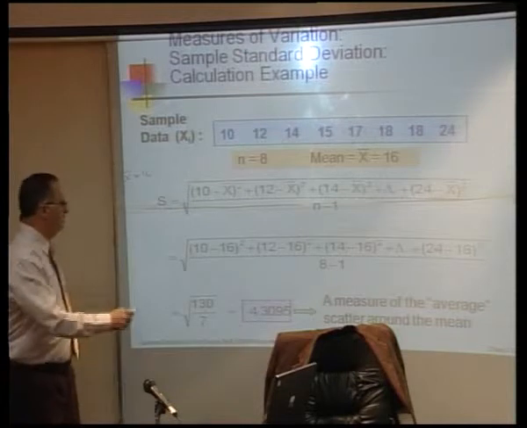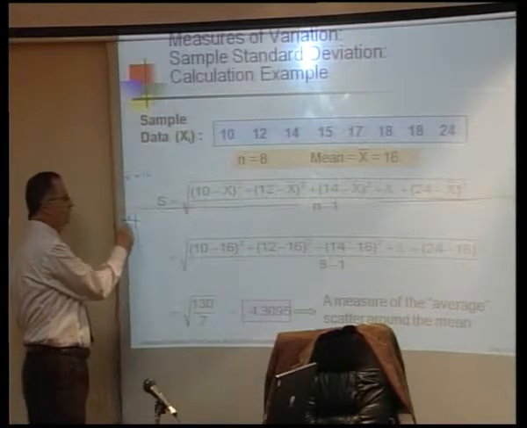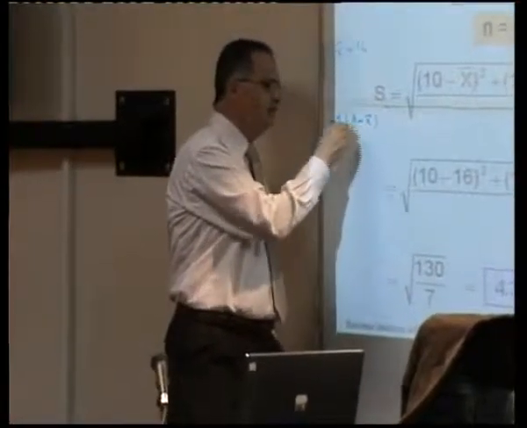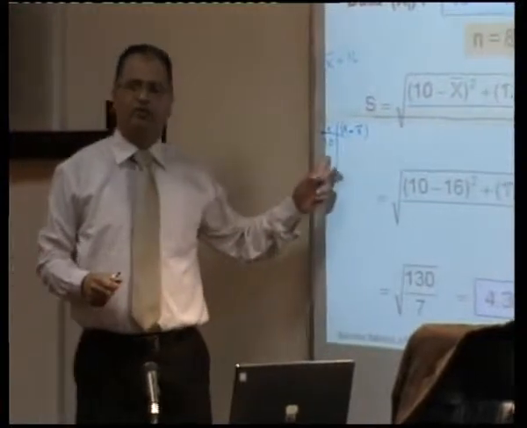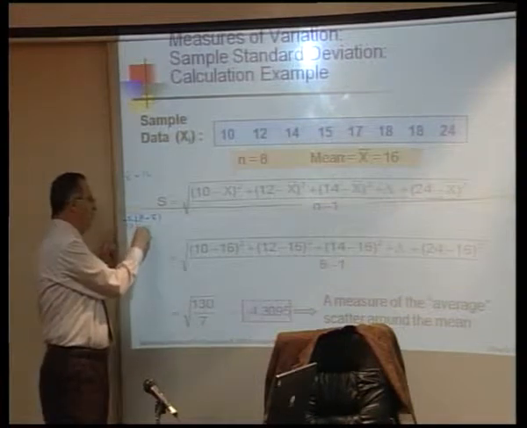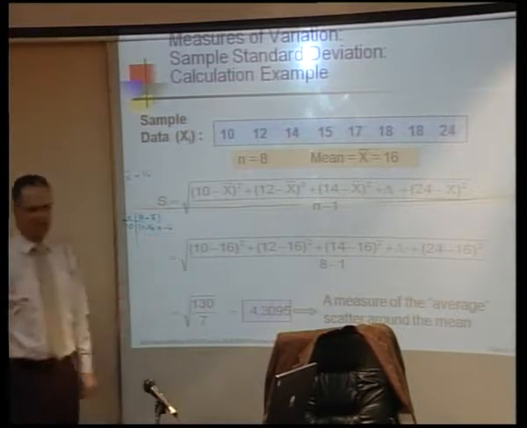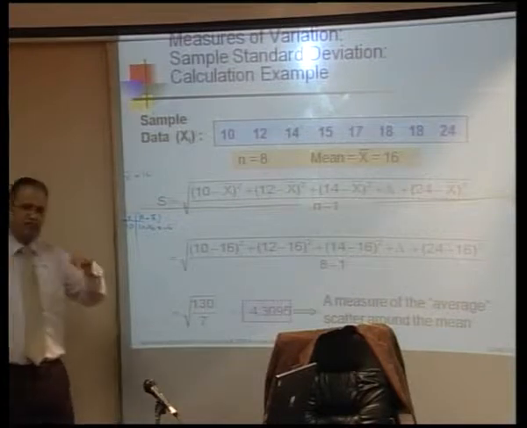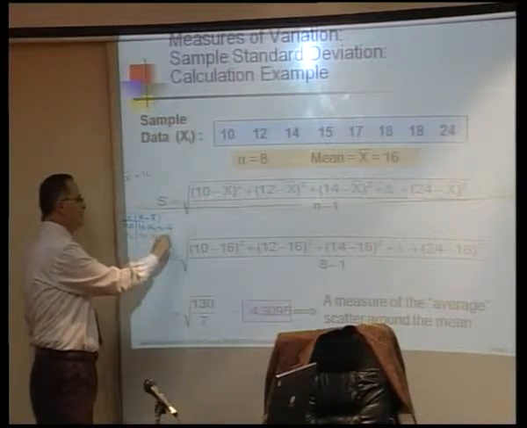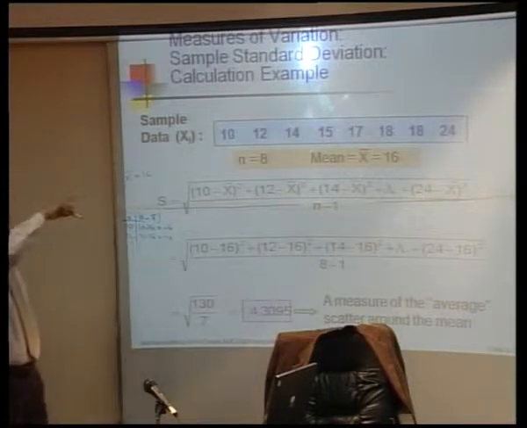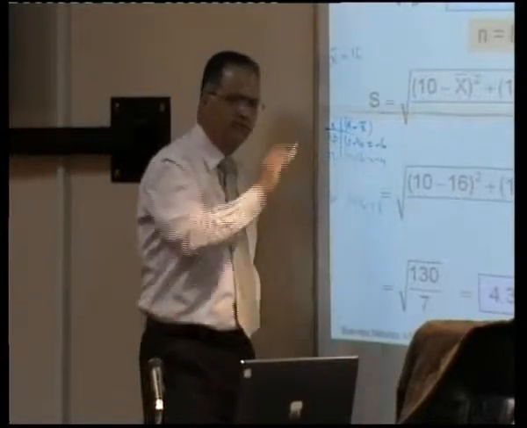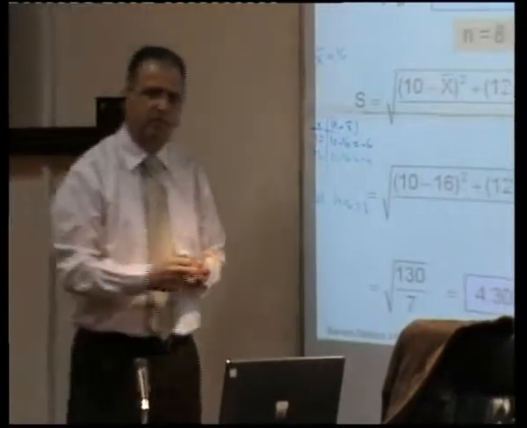Step 2, we have data, for example, 10. Take the deviation of each data value from its mean. So 10 minus 16 gives minus 6. And do the same for the rest. 12 minus 16 is negative 4, all the way up to the last value, 24 minus 16, which gives 8. That's step number 2.